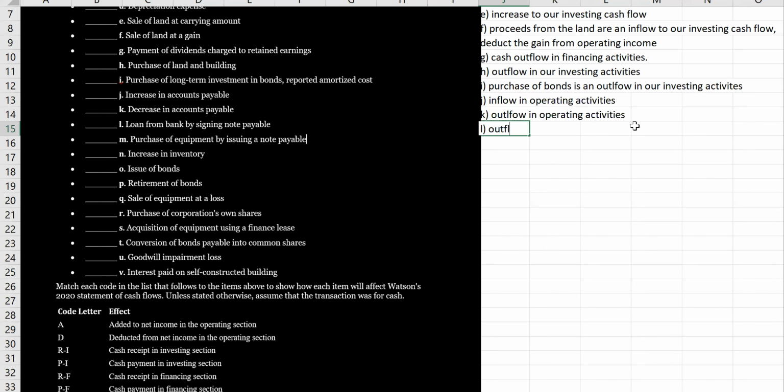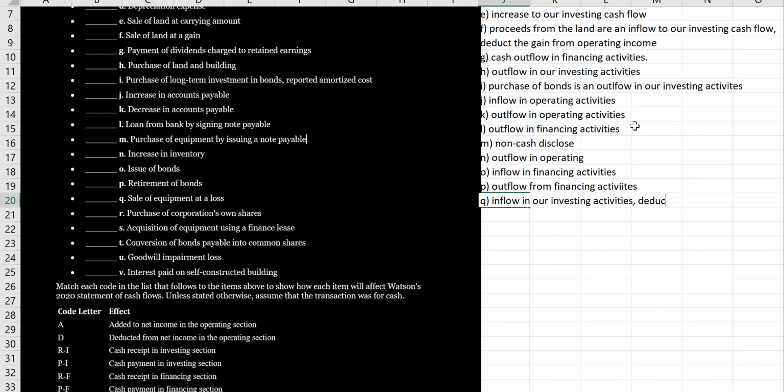And we're going to need to add back the loss in operating activities because it's non-cash. Okay. R, purchase of a corporation's own shares is going to be a cash outflow in our financing activities.